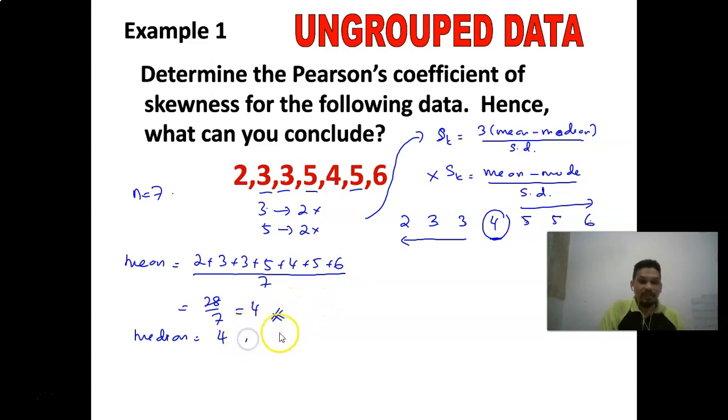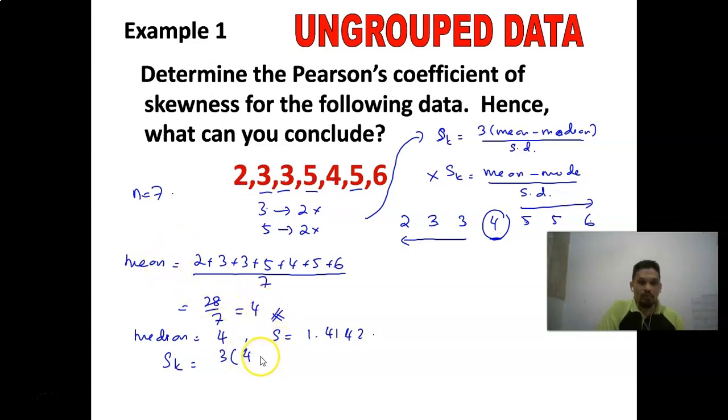And find the standard deviation, where S equal to 1.4142. So then the Pearson coefficient of skewness equal to 3 times mean minus median divided by standard deviation.